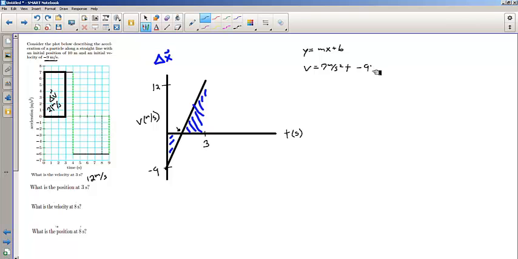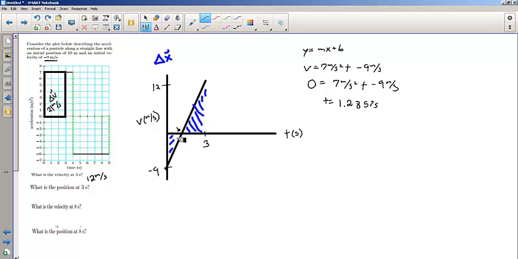If we were to solve this for v equals 0, we'd find the time where this crossing point occurs. So doing that, it's just a few steps of algebra. You get a time, and I'll have to round this a little bit, of 1.2857 seconds. That's this guy right here.